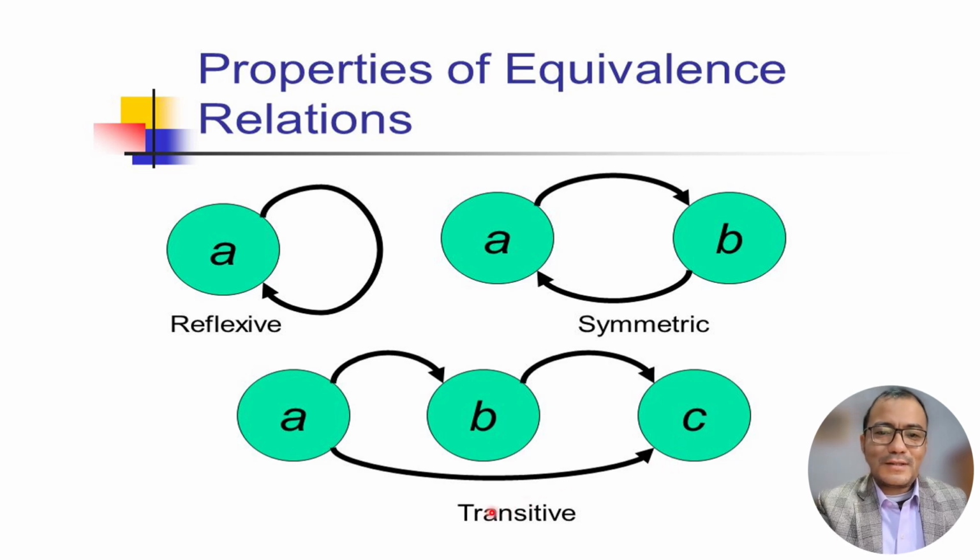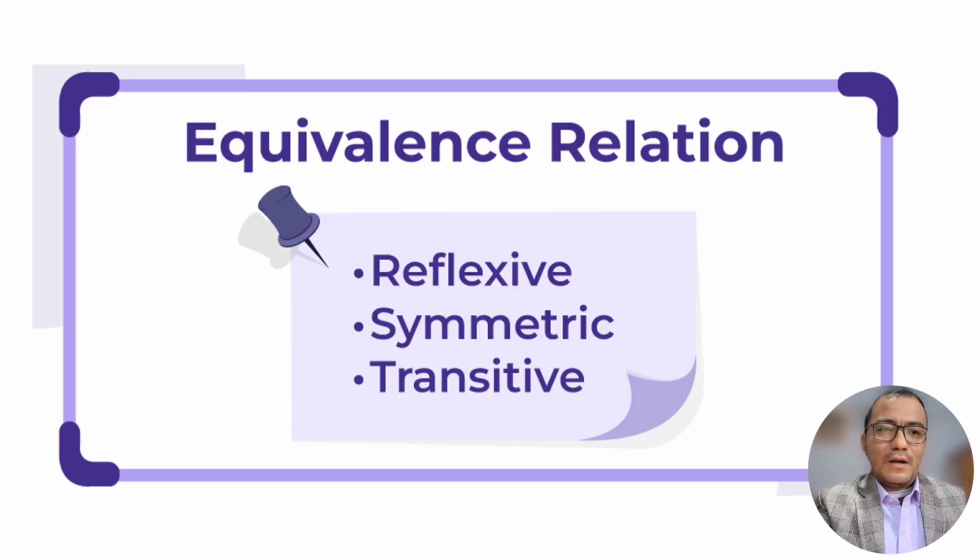So this is transitive. If these three properties, reflexive, symmetric and transitive, are available in a relation, then we can say it is an equivalence relation. So to be an equivalence relation, reflexive, symmetric and transitive properties should be carried.